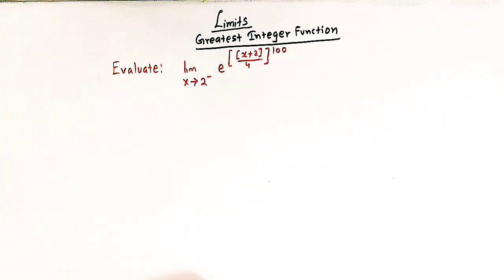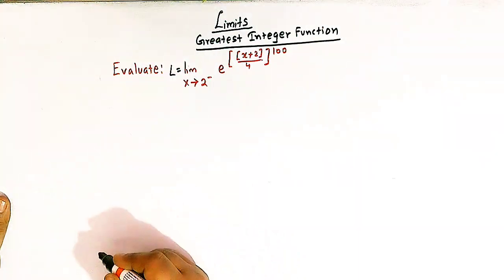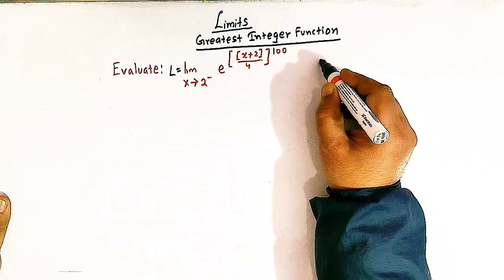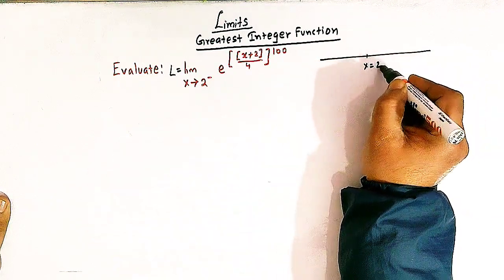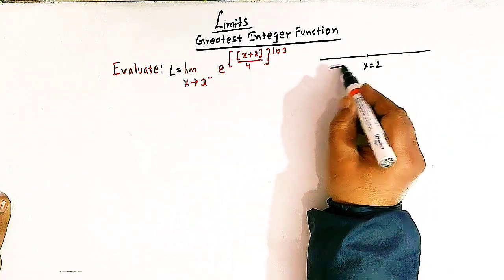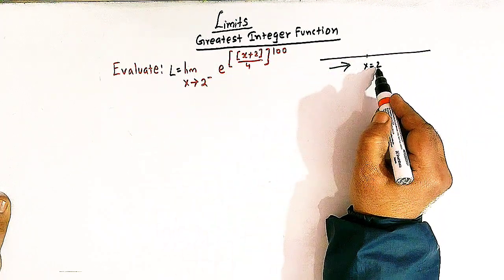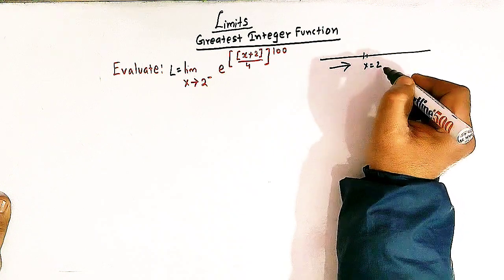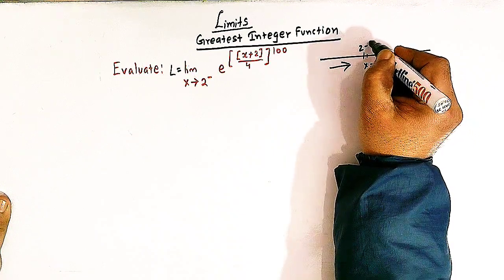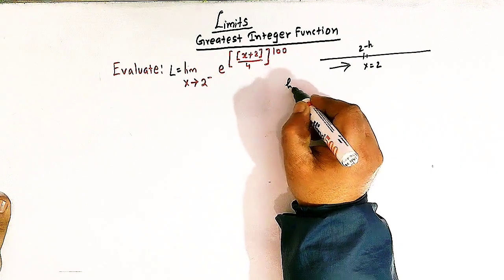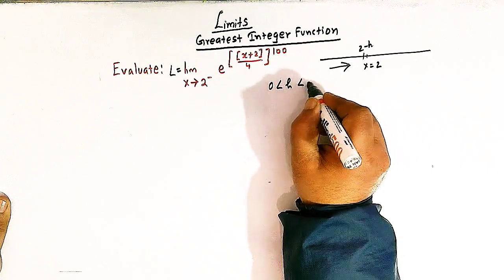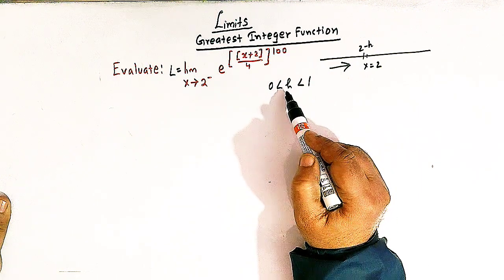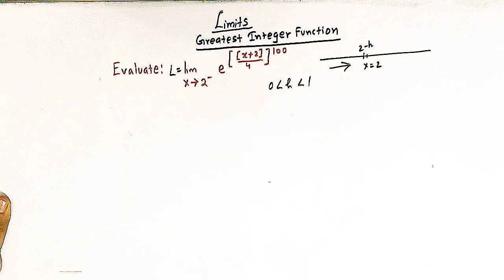Let us call this limit L. Here x approaches 2 from the left of x equal to 2, so we are in the neighborhood of x equal to 2, and this point is 2 minus h, where h is a positive quantity, infinitesimally small, and lies between 0 and 1.